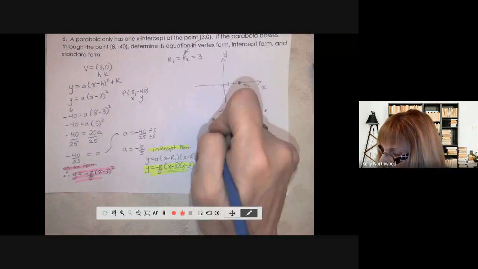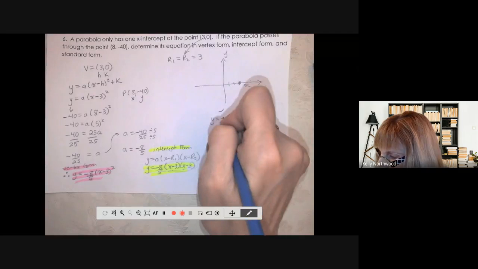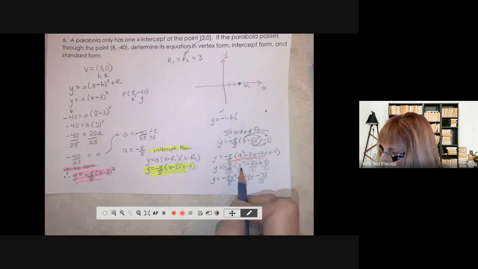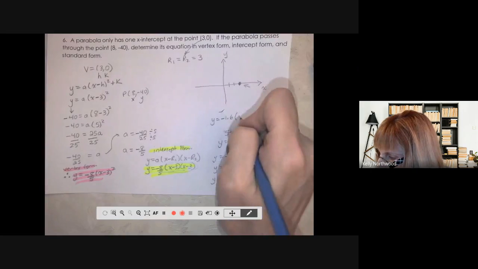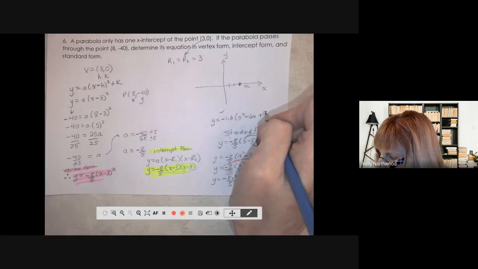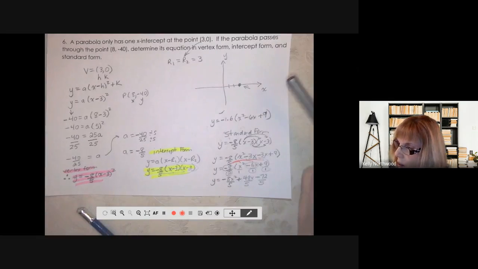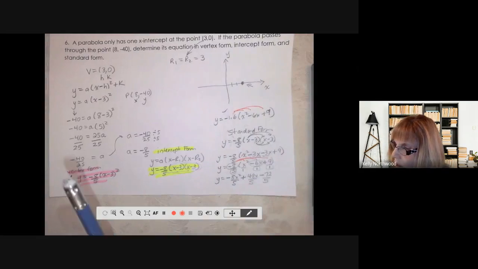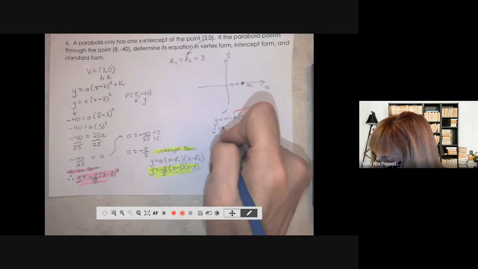Again, I'm just going to write up here. You could have had your A being -1.6. And then when you expanded the x minus 3 times x minus 3, you'd get x squared minus 6x plus 9. And now when you distribute, you're going to be multiplying through by a decimal, which you may find easier.